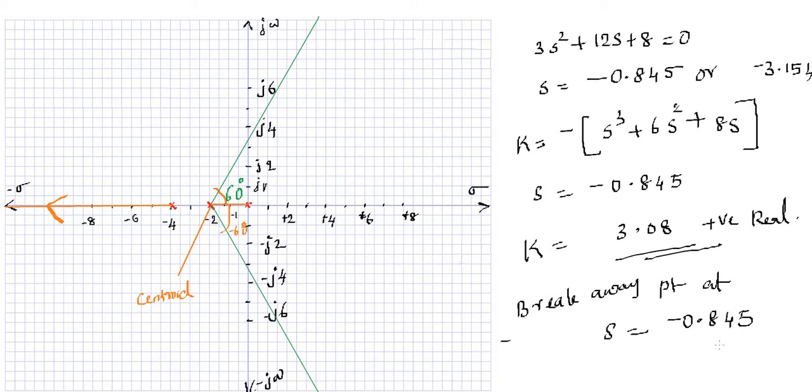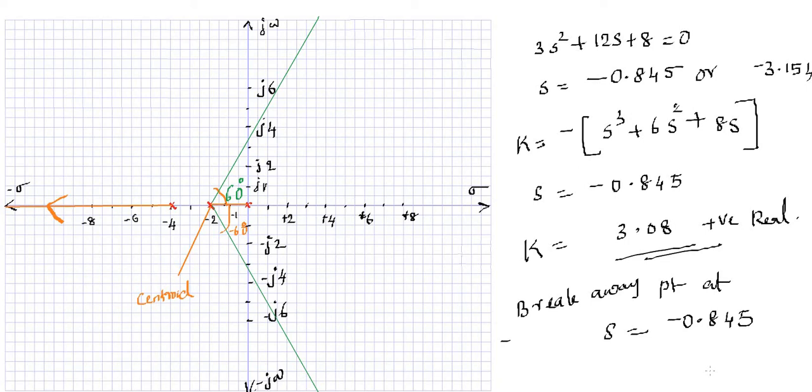Now, if we substitute s as minus 3.15, we will not get a positive k value, it will be a negative value, hence it is not a breakaway point. So, there is only one breakaway point and it is at s is equal to minus 0.845.